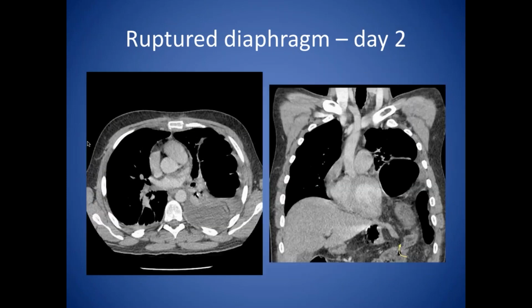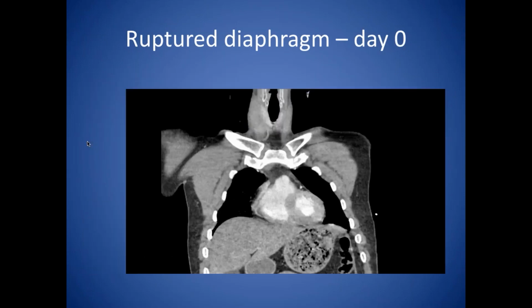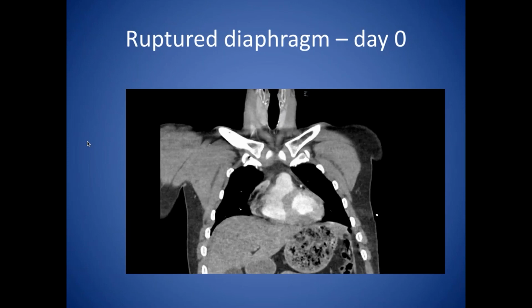And if we then go and have a look at the CT on day two, we can see that there's a rupture of the left hemidiaphragm, as denoted by that yellow arrow. Unfortunately, this is a video that won't play. Oh, yes, it will.